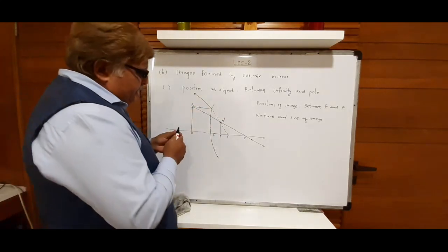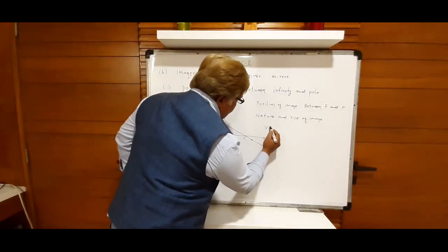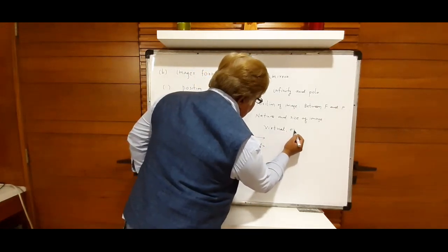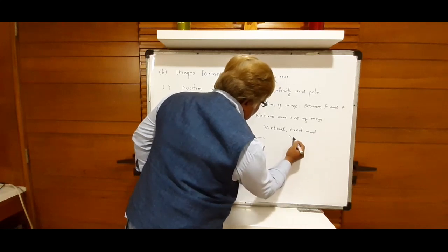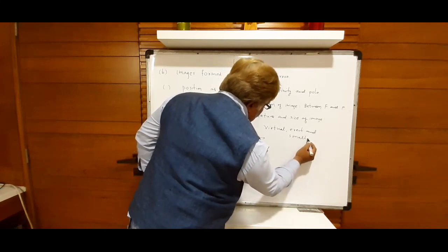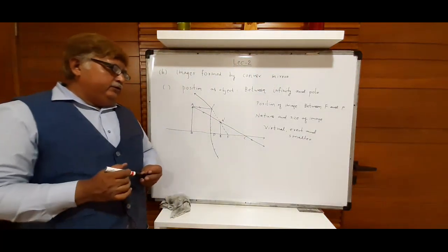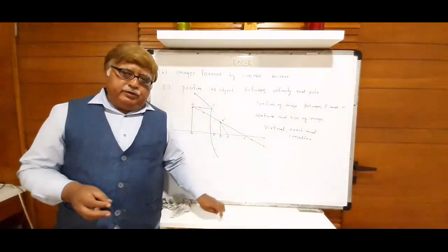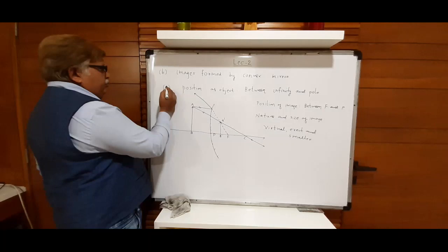So what you can write in nature and size of image: virtual, erect and smaller. This is the image obtained by convex mirror. This was diagram number 2.